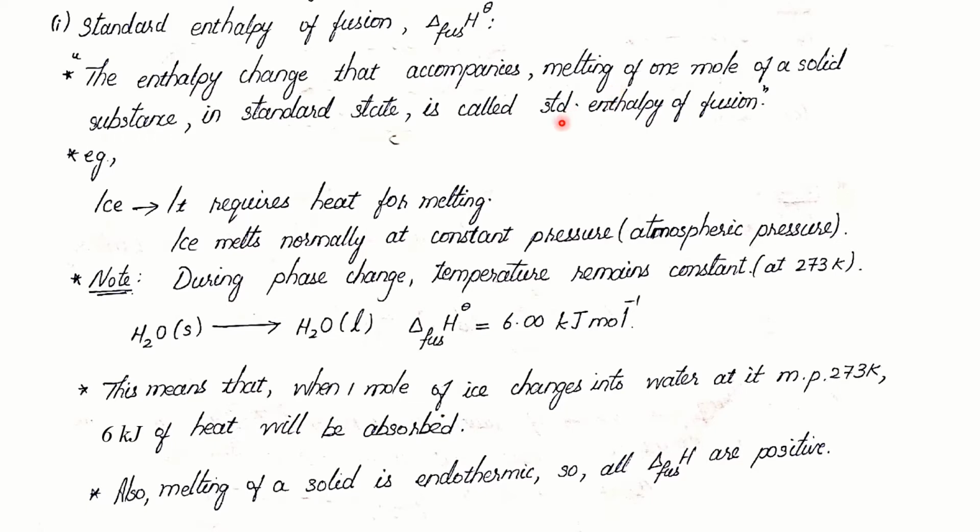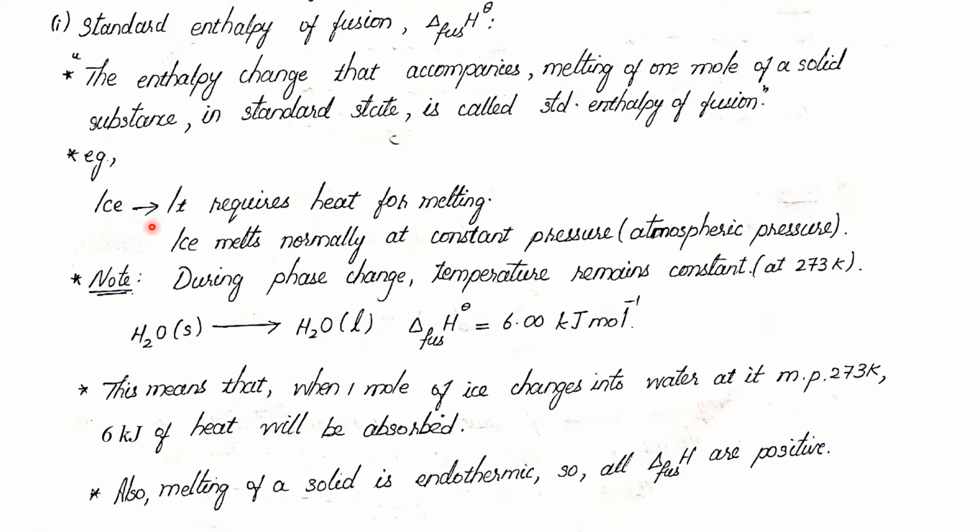Note that the standard enthalpy of fusion is also called molar enthalpy of fusion, as the enthalpy of fusion corresponds to the melting of 1 mole of solid. Since it corresponds to the melting of 1 mole of solid, standard enthalpy of fusion is also called molar enthalpy of fusion.